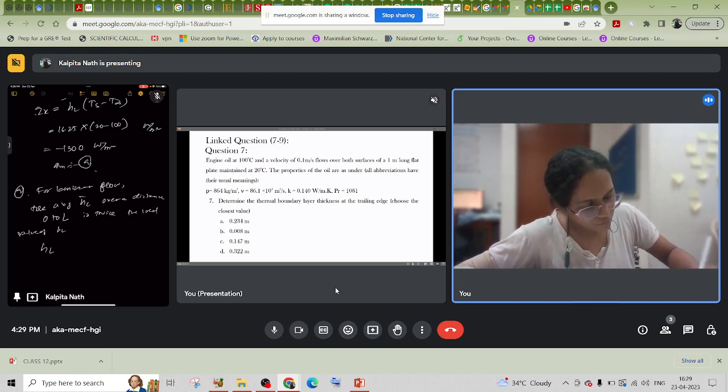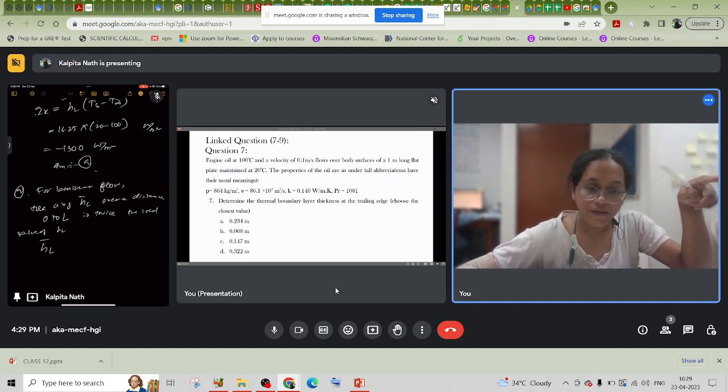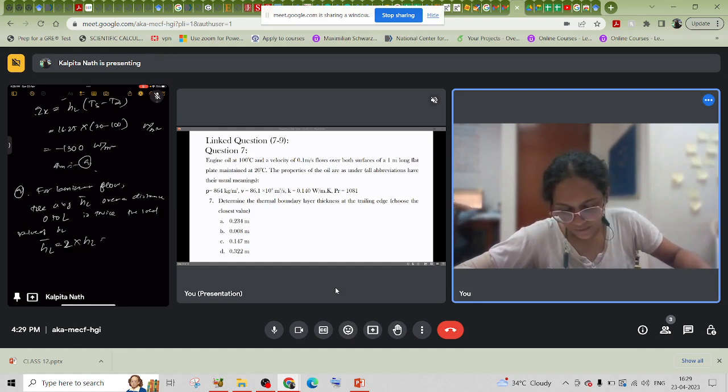This we already know for laminar flow. Now, for laminar flow, the average heat transfer coefficient is twice the local heat transfer coefficient, that is twice h_L. So this is 32.5 watt per meter square Kelvin.